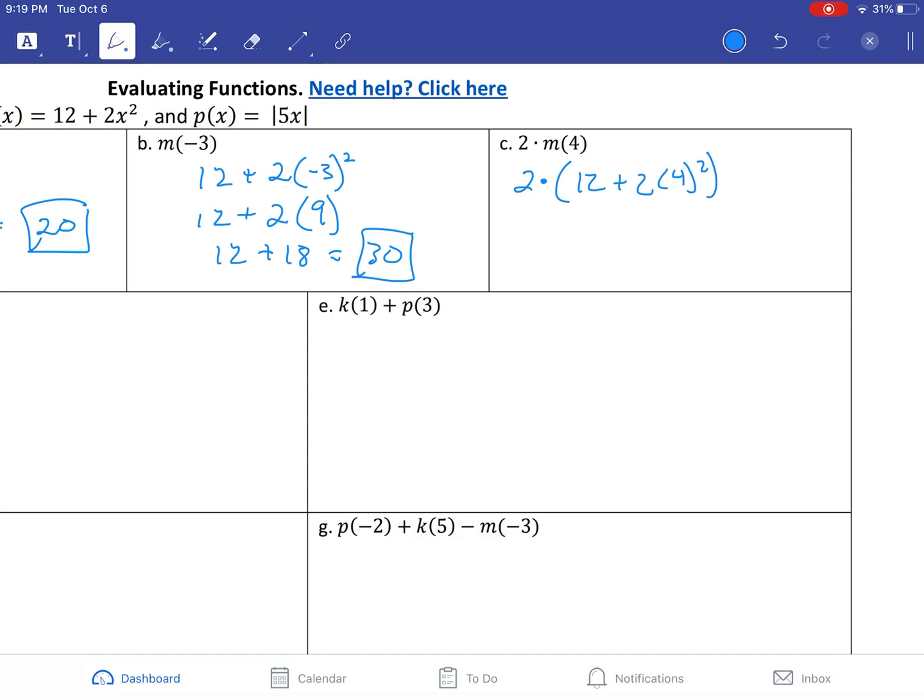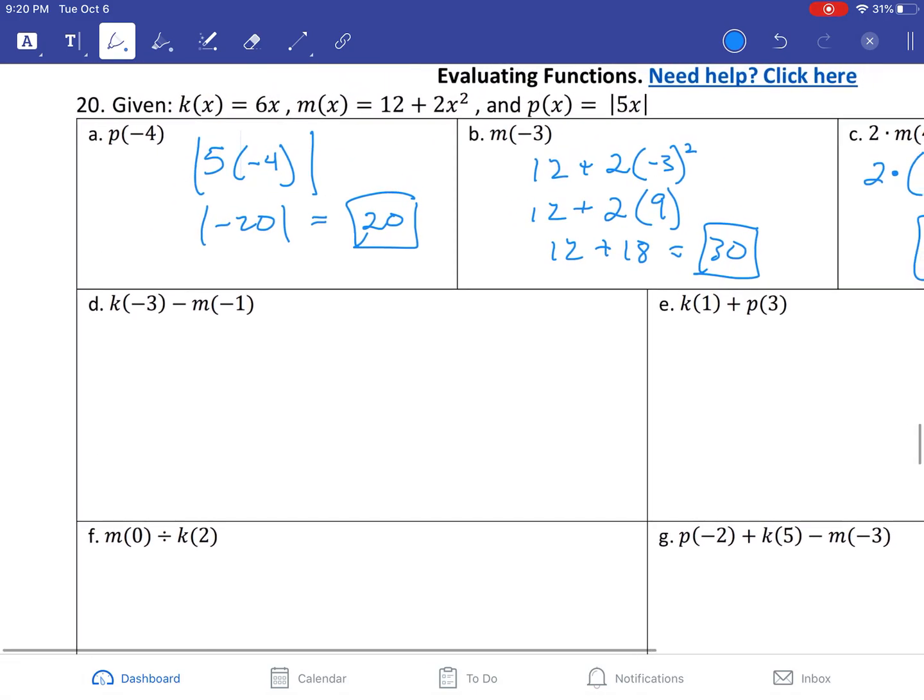Oh, I put it in wrong. 4 squared times 2 plus 12 times 2. There we go. I get 88. So just as a refresher, I did 4 squared first, which gives me 16. I did 16 times 2, which is 32. 32 plus 12 is 44, and 2 times 44 is 88.